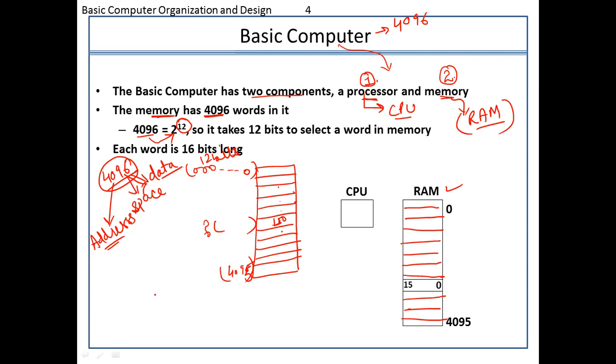This much is required in order to store the 4096 locations. So this much space is available within the memory. Now when some data 100 is present in the memory and I want to read that data, then definitely I need to provide the address. So the address will come in this way.